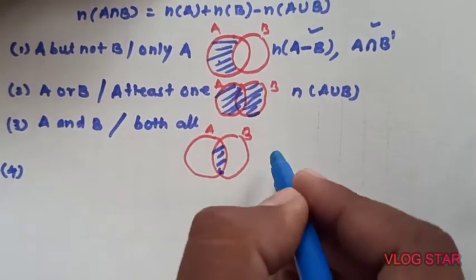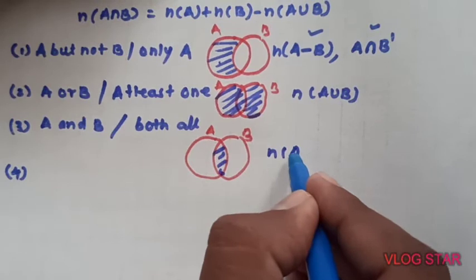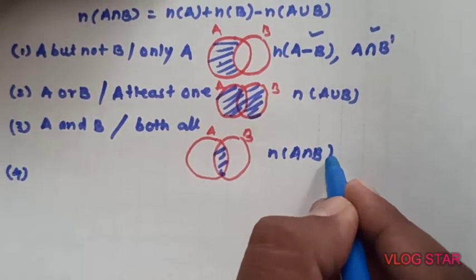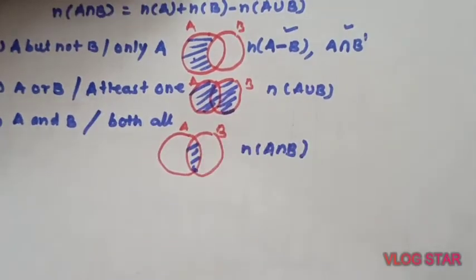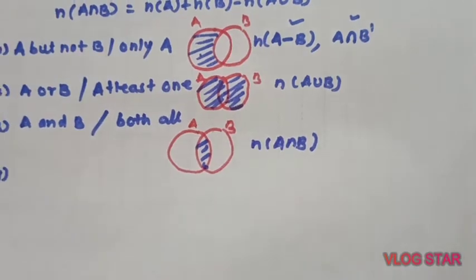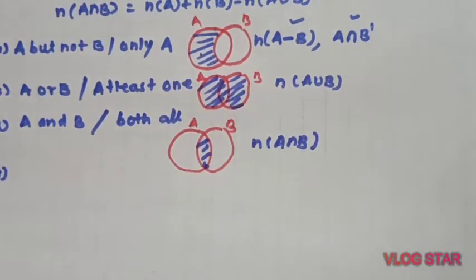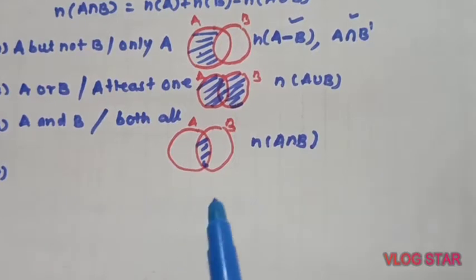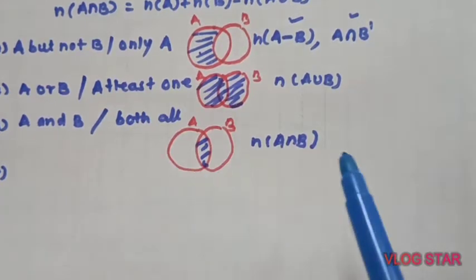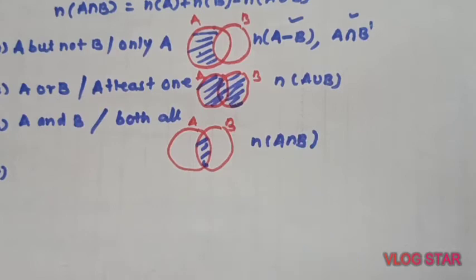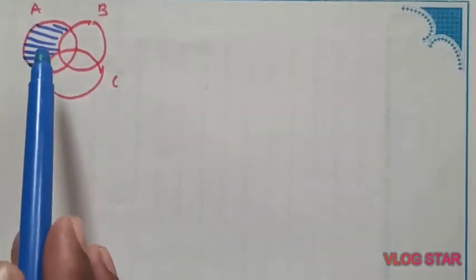And as you know, common means number of elements in A intersection B. So we can read those words carefully, whether it is at least one, both, or A but not B, and according to that we can draw the Venn diagram, and according to that we can calculate the number of elements in the given.